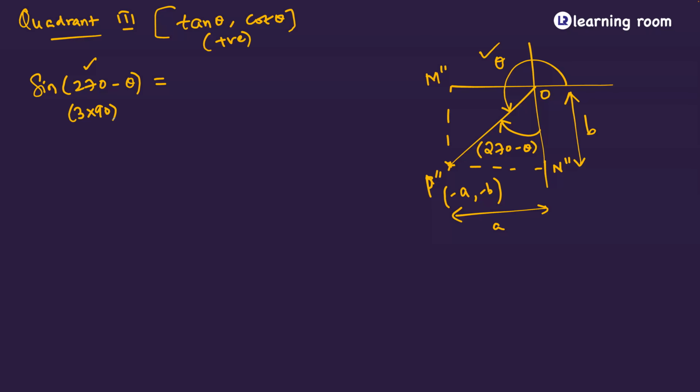Any odd multiple of 90 is going to give the complementary function. It is going to be cos theta, but it's negative, because in the third quadrant only tan and cot are positive. Similarly, cos of 270 minus theta is going to be equal to, that's it.